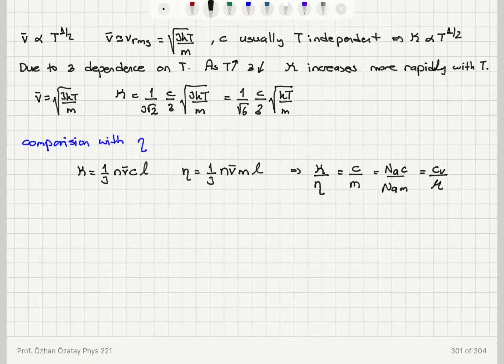When we look at the ratio of molar specific heat at constant volume and the molecular weight of our gas, this ratio experimentally is actually slightly higher than expected. So we have a discrepancy with experiment.